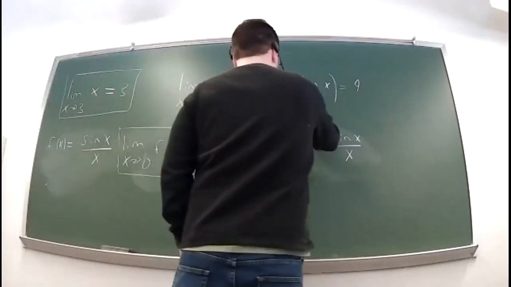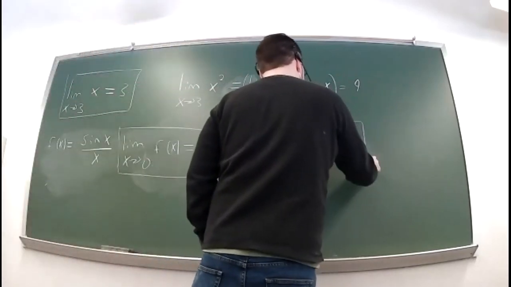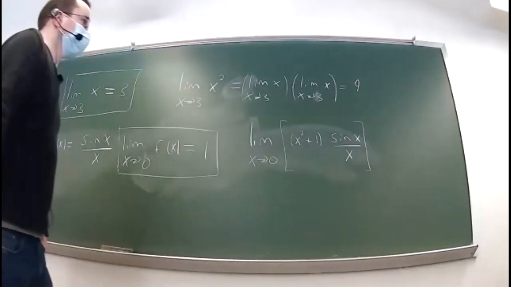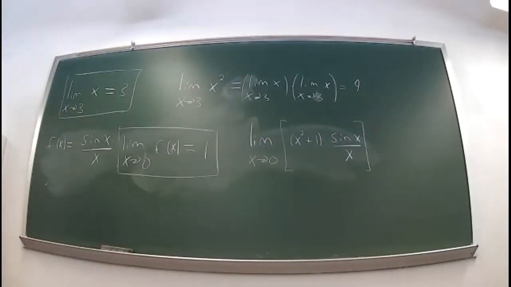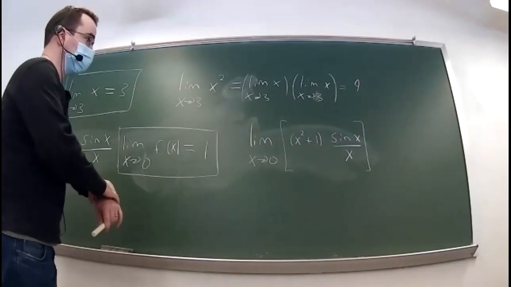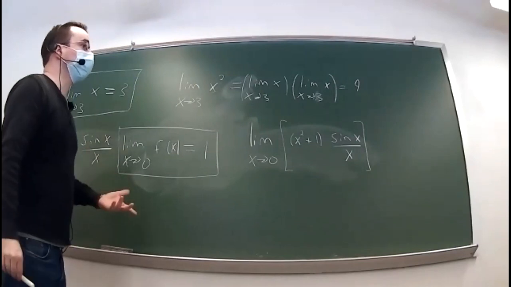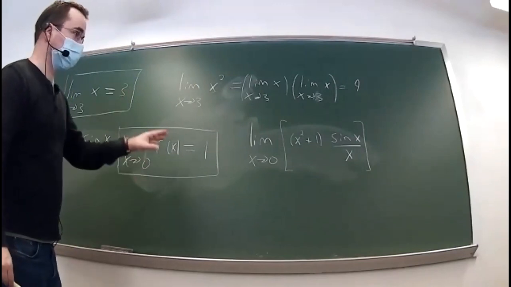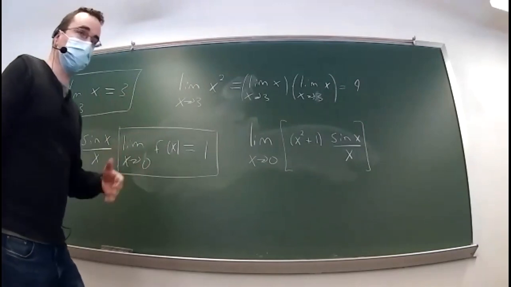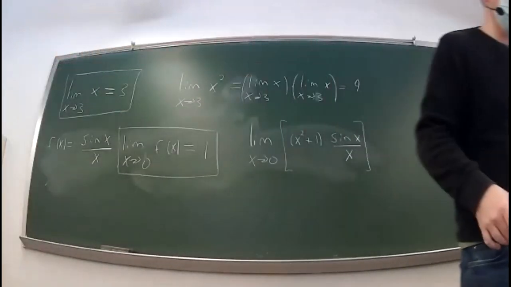So this entire thing. Let's say I asked you that problem on homework or a test, and I'll give you 30 seconds to think about it. So how do you use a limit law to calculate this limit using what you already know? So take a moment and think about that.